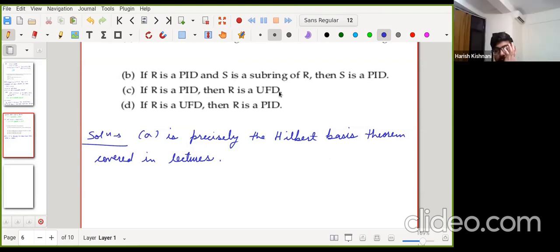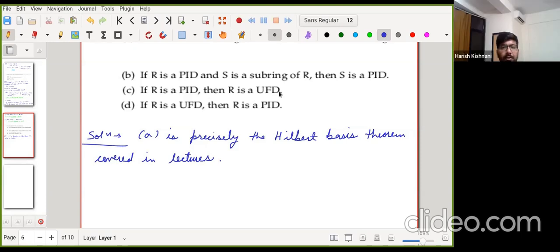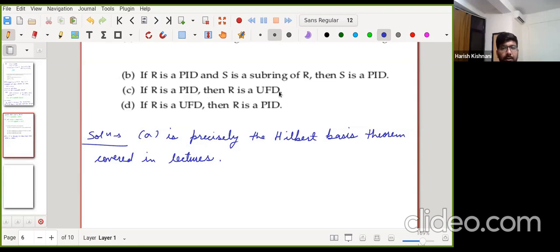Yes. What example do you know for a ring that is not a PID? R[x,y] is not a PID. Yes. What else? Z[x] is not a PID. Yes.